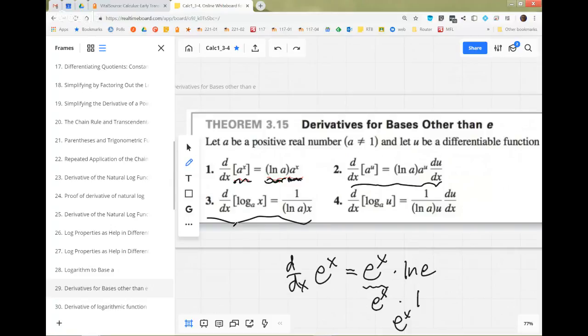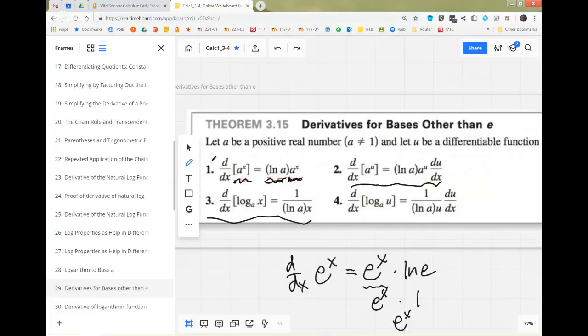What's the derivative of any log? It's still 1 over x, but on the bottom also multiply by the natural log of whatever a is. So if we were taking the log base 10 of x, it's still 1 over x, but on the bottom we'd also multiply by the natural log of 10. And number 4 is just saying you may have to do the chain rule.